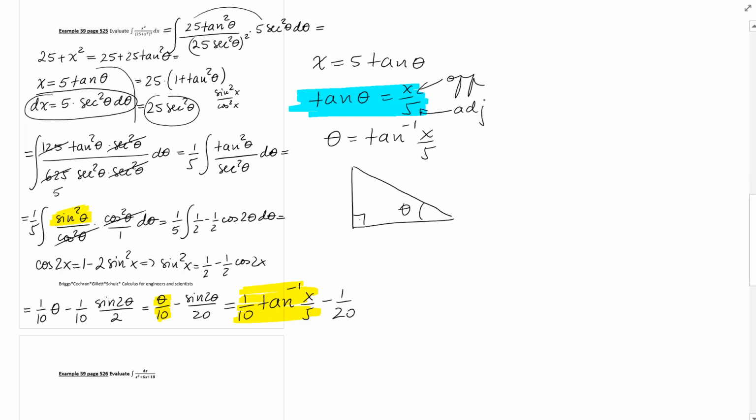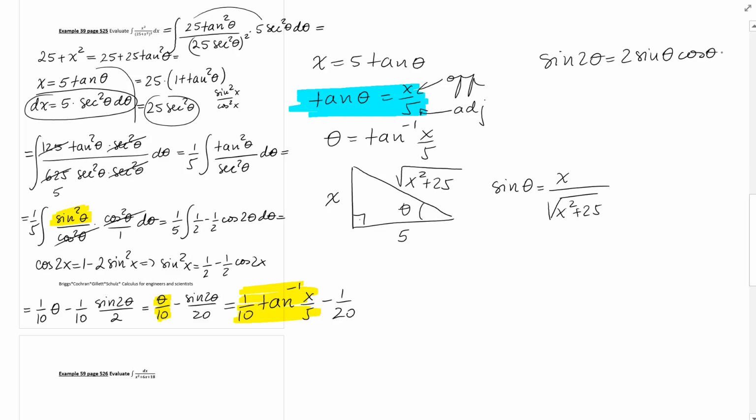So in our case, opposite is x and adjacent is 5, which means the hypotenuse is square root of x squared plus 25, which means if I have to write sine of theta, I'm going to write opposite over square root of x squared plus 25. Now in our case we have sine of 2 theta. And we know from trig that sine of 2 theta is 2 sine of theta cosine theta.